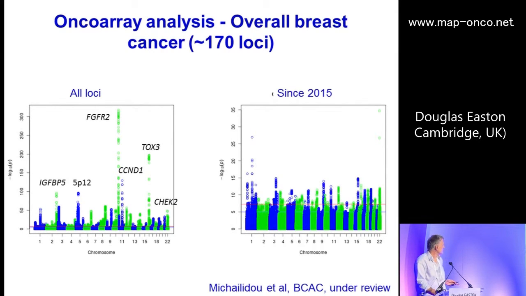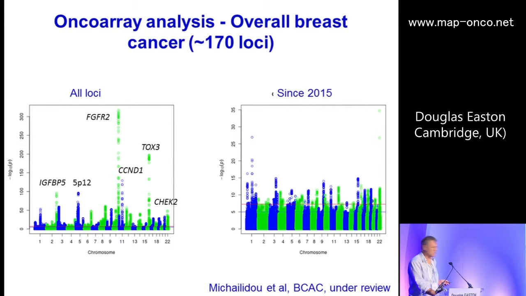So this is what you get out of the array genotyping. These are what's called Manhattan plots, so each little circle here is a SNP. This is the genome. These are p-values, and these spikes here are regions of the genome which are associated with risk. On the left-hand side is everything we know. This is putting together the data from both the iCOGS and the OncoArray experiments.